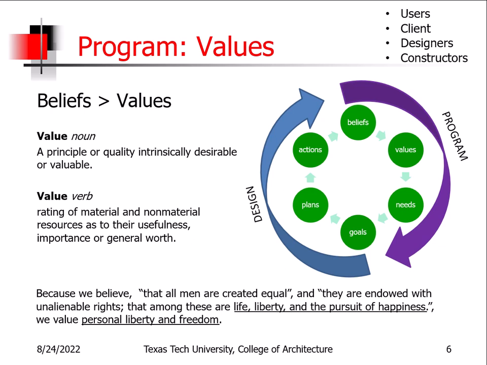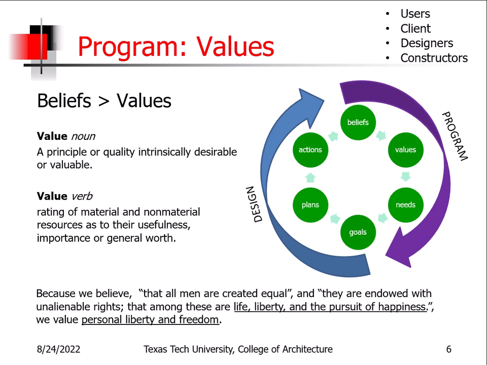Values come out of our beliefs. When we believe something, out of that come things that we value. If we believe in the sanctity of human life, we value human life, right? That becomes a value that comes out of that belief that life is sacred.